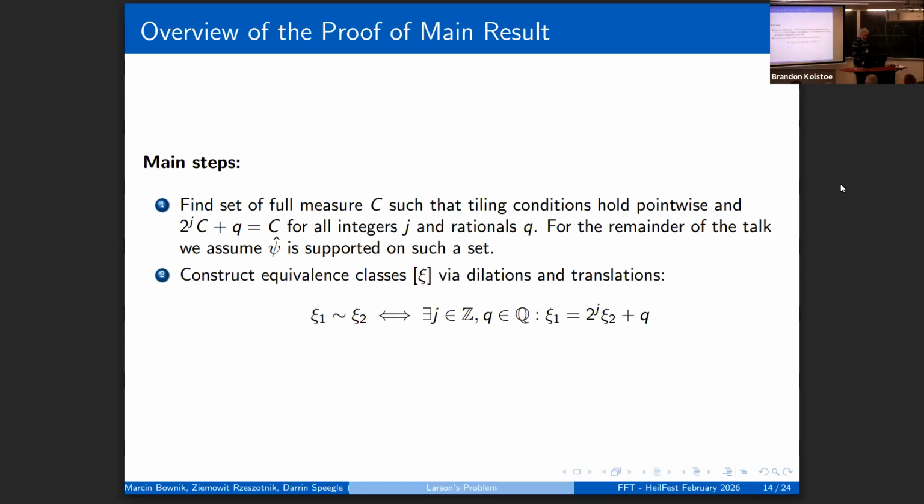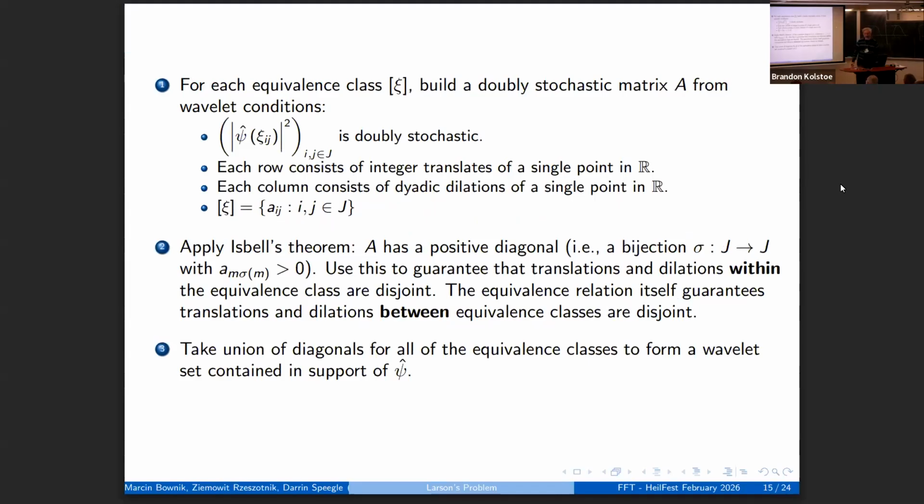Now, for each equivalence class, we're going to build a doubly stochastic matrix. What we're going to do is make sure that the modulus of c hat squared is doubly stochastic in such a way that each row consists of integer translates and each column consists of dilations, and there are no other relations between points. The only time you get relations between integer translates is if they're on the same row.